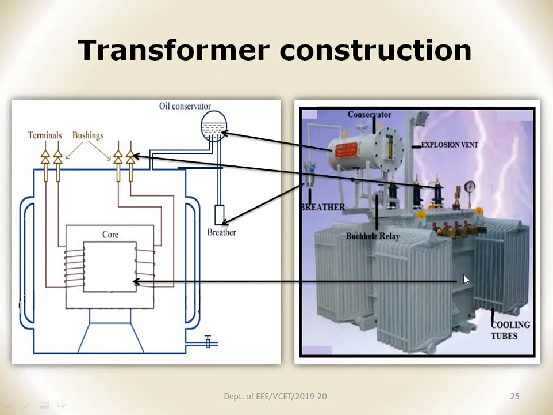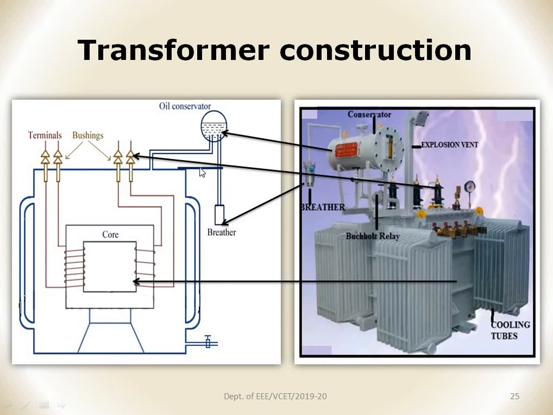This concealed tank holds the primary and secondary windings and the core, placed inside an oil-filled tank. The entire area has oil, which acts as a coolant, and the primary and secondary ends are taken out here. The terminals are taken out and provided with proper bushings. That representation you can find here.